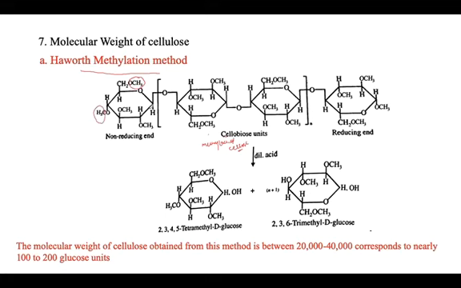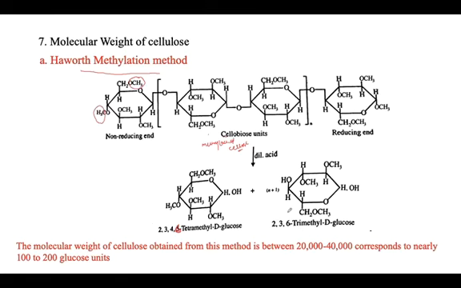None of the hydroxy groups is free in this case. And when we treat it with dilute HCl, we get 2,3,4,5, sorry, it is not 5, it should be 2,3,4,6-tetramethyl D-glucose, and we get 2,3,6-trimethyl D-glucose.